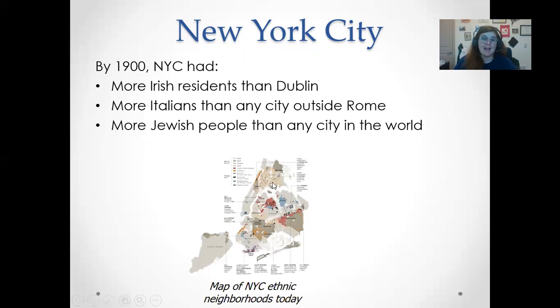Right. And that's where a lot of these neighborhoods that still exist in New York City come from, from these immigrants moving to the United States and New York City. And so really New York City is an example of how many people are coming to the United States when they, in just one city alone, outnumber cities in their own countries of origin.